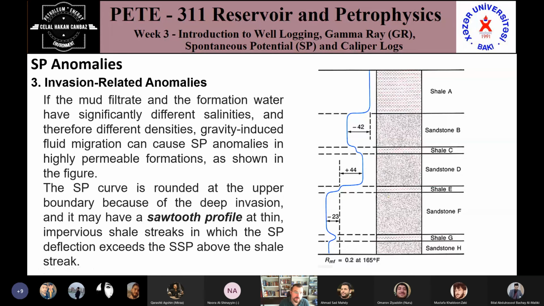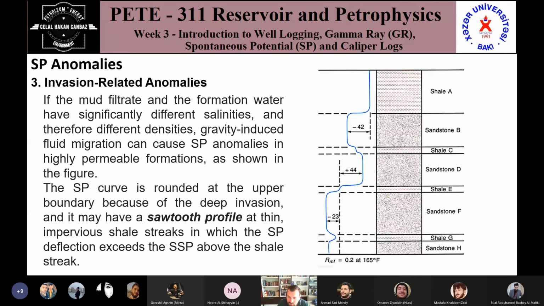So, three, the invasion-related anomalies. For example, if the mud filtrate and the formation water have significantly different salinities, and therefore different densities, gravity-induced fluid migration can cause spontaneous potential anomalies in highly permeable formations.